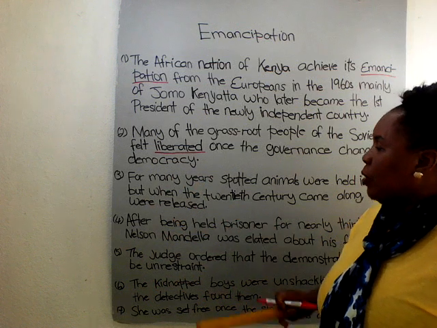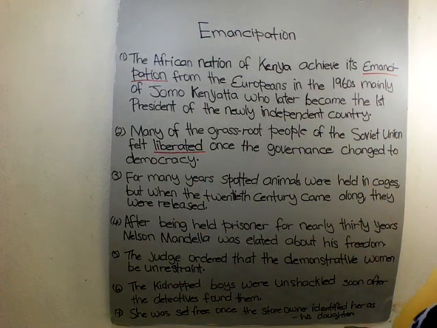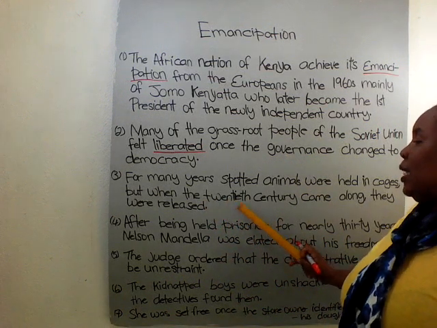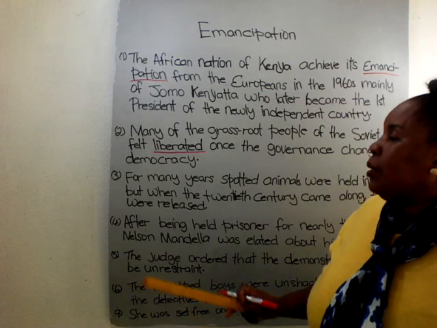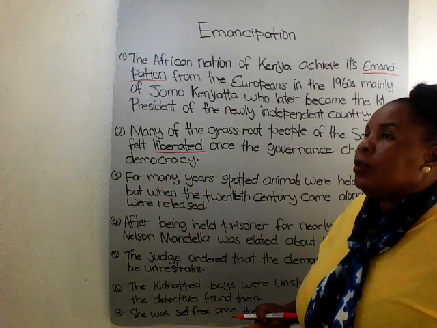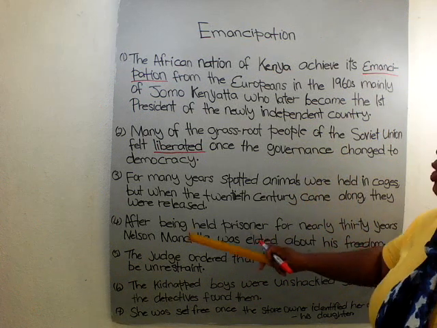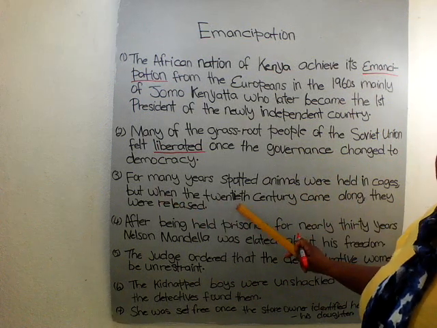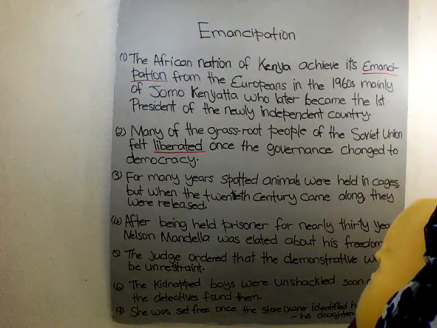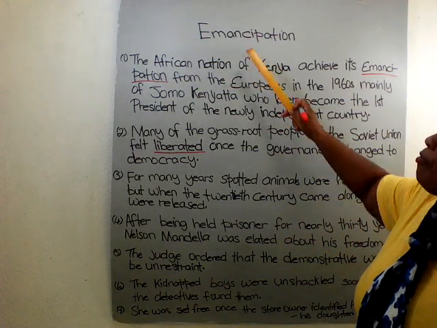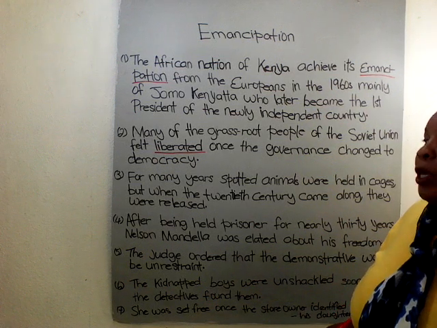For many years, spotted animals were held in cages, but when the 20th century came along, they were released. So what is the word that fits with emancipation, or has the same meaning as emancipation here?